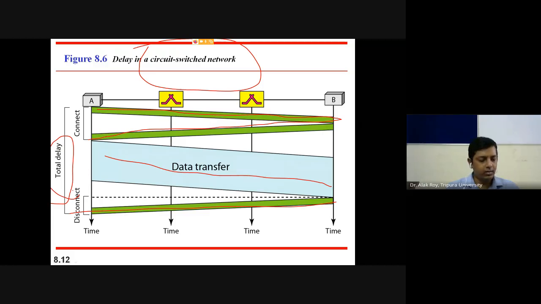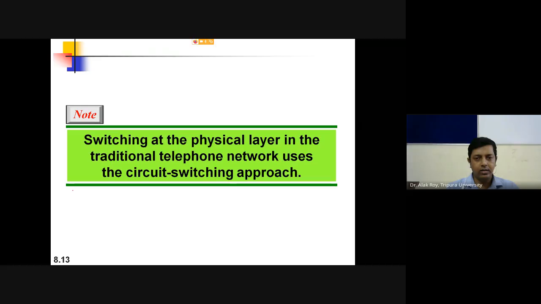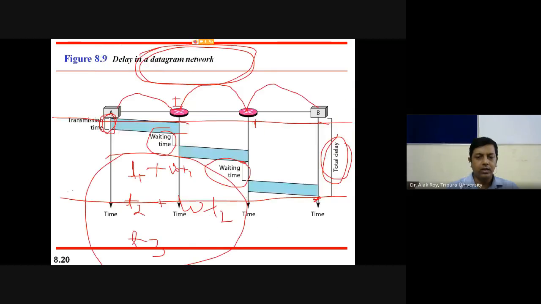Then type 2: the delay was in each phase, waiting time. So the delay in datagram network was in each phase.